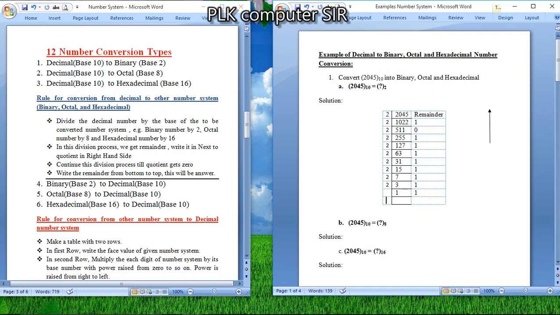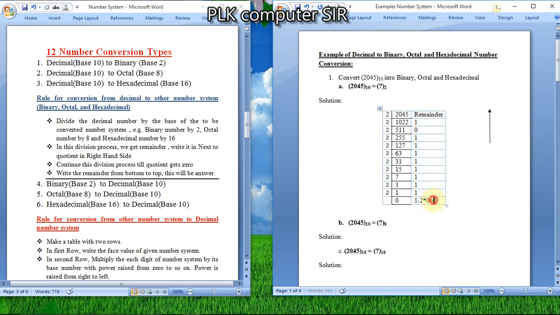Now again it is not 0, so divide by 2. When you divide 1 by 2, it will come 0.5. So what we have to do here: 1 minus 2 into 0, the whole number is 0 only. So what will it be here? 1, because 0 into 2 will cancel, so 1. We don't need this also.